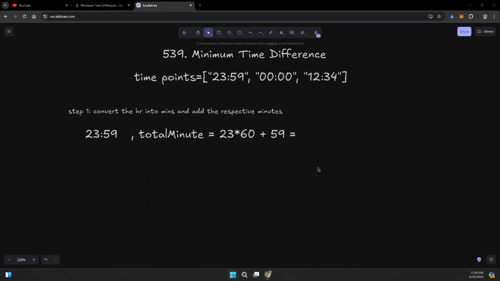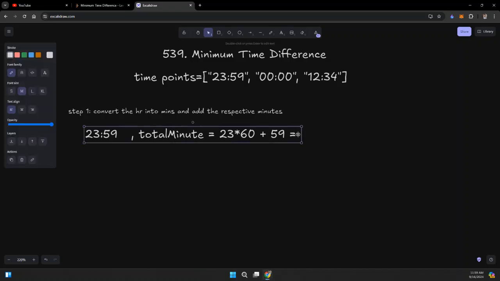Let's calculate it out. 23 into 60 plus 59 is 1439.